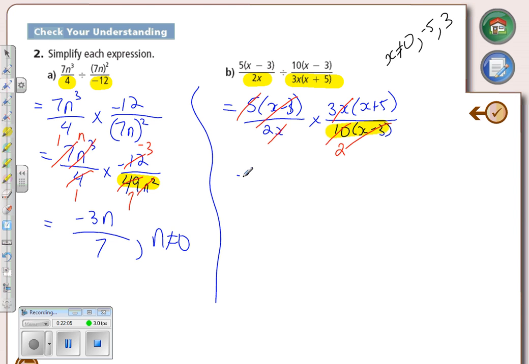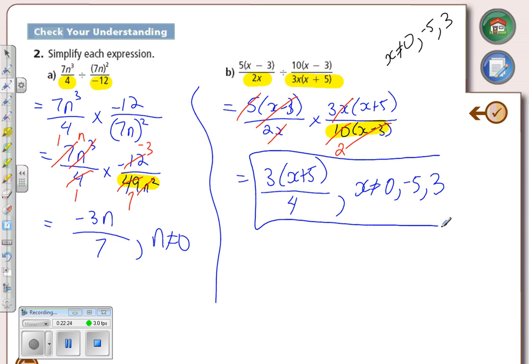So we've got 3 bracket x plus 5 over 2 times 2, so 4. Comma, don't forget to throw this NPV down right after it. X cannot equal 0, negative 5, and 3. The NPVs from the original question have to be the NPVs of the answer because we've said that they are equal.